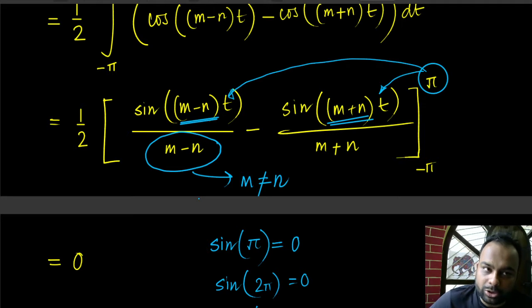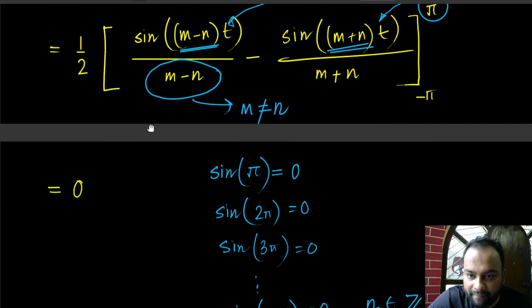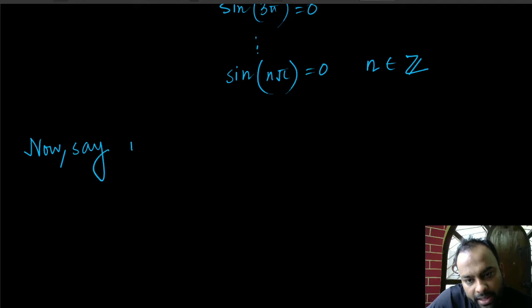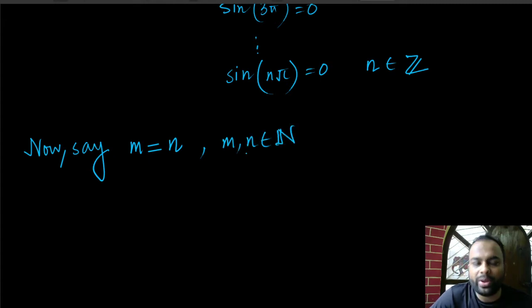So let's do the other assumption. Let's say m and n are equal. Let's see what happens then. Say m and n are indeed equal, and both of them are natural numbers.